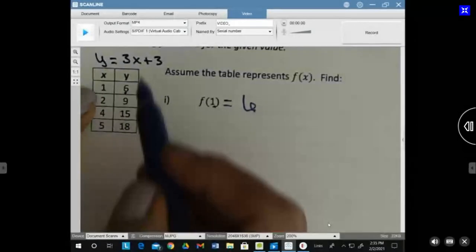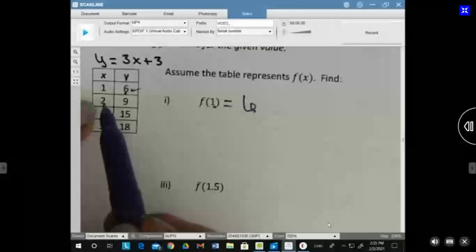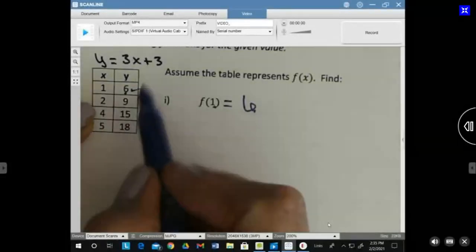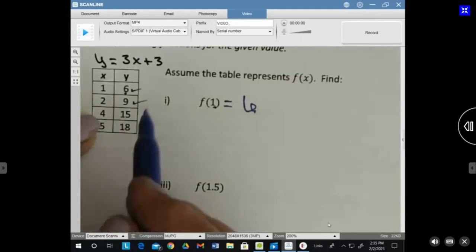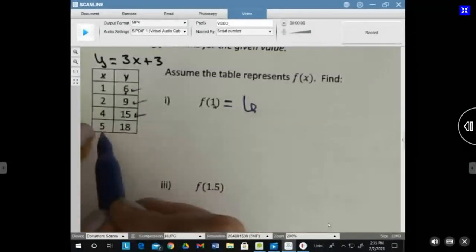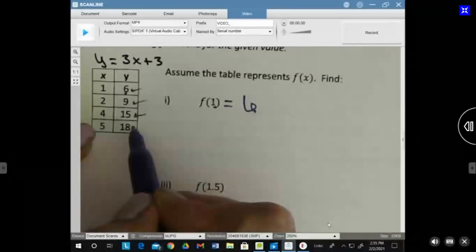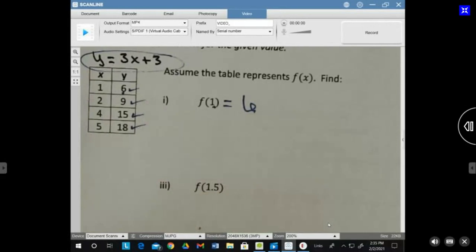Plus 3. Okay, what's 3 times 2? Plus 3. 3 times 4? Plus 3. 5 times 3? Plus 3. So all of these numbers are coming out of this function, right?